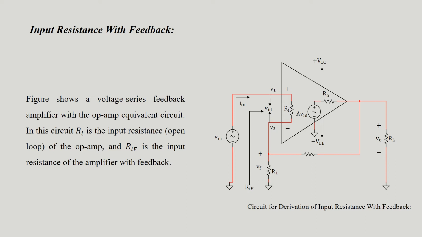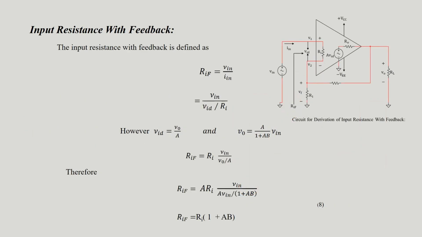Here Ri is the input resistance or open loop input resistance, and Rif is the input resistance of amplifier with feedback, and this circuit is used for the derivation of input resistance with feedback.